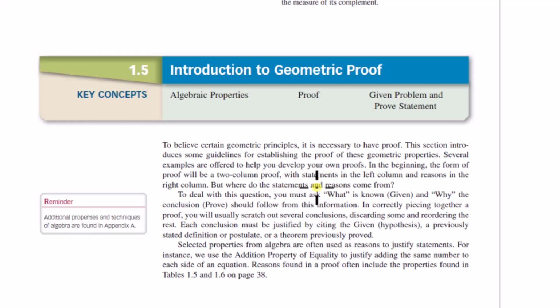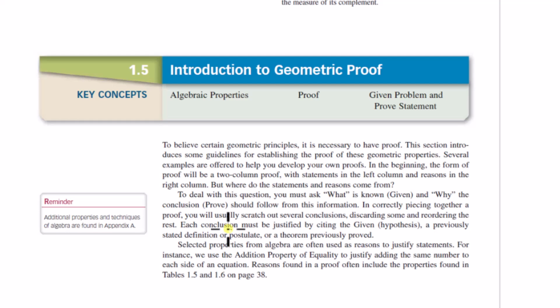So a two-column proof has statements in the left column and reasons in the right column. You're going to make a statement in the left column and then give a reason for that statement in the right column. Where do the statements and reasons come from? To deal with this question, you must ask what is known, given. So what do you know? And then why the conclusion should follow from this information.